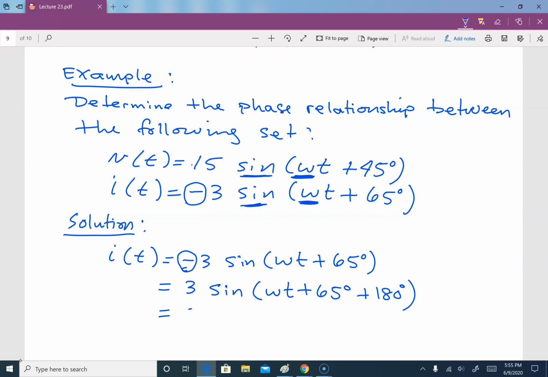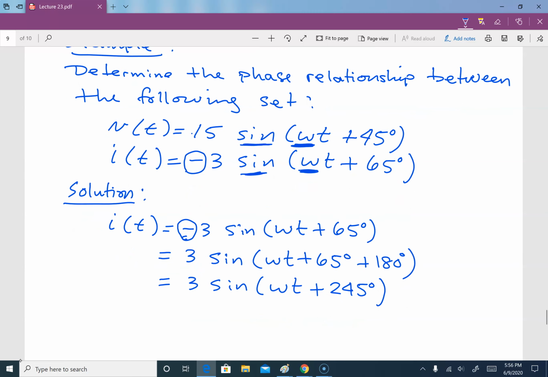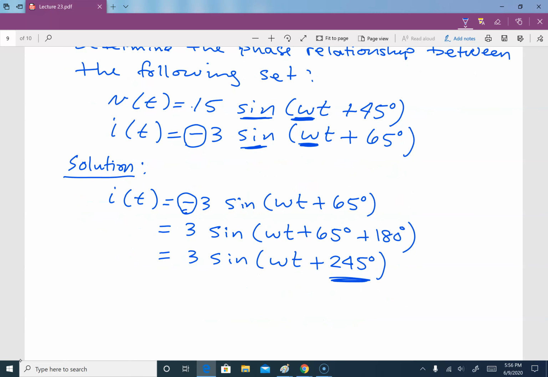Then this is equal to 3 sine omega t plus 245 degrees. So if you look at that, our I is at 245 and our V at 45, that means I leads V by 200 degrees.